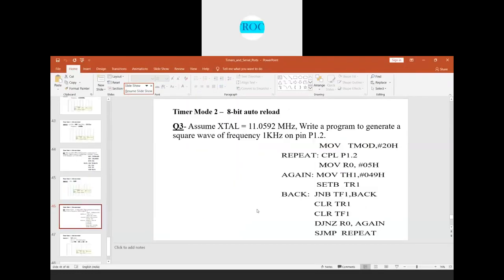And the third example we'll see for mode 2. Assume crystal frequency is 11.0592 megahertz. Write a program to generate a square wave of frequency 1 kilohertz on pin P1.2.